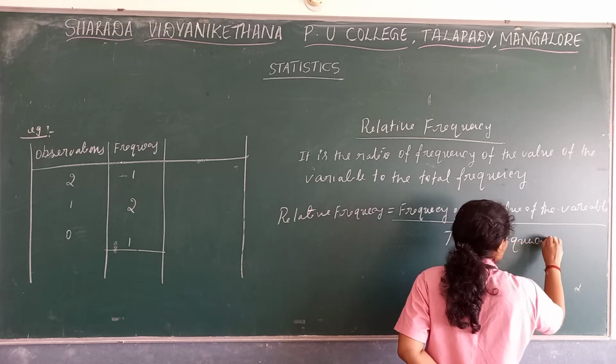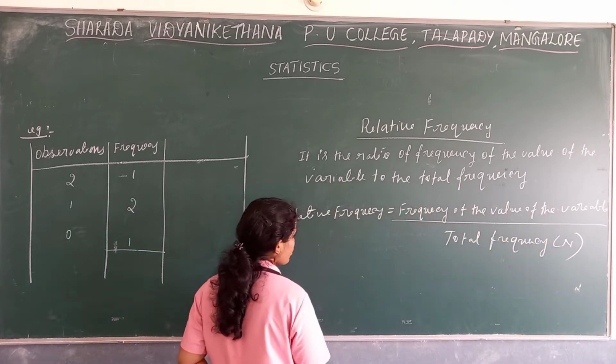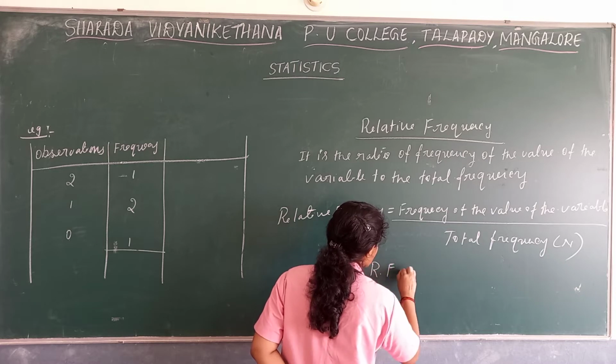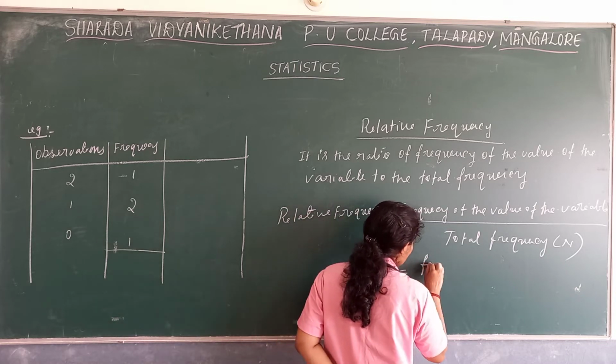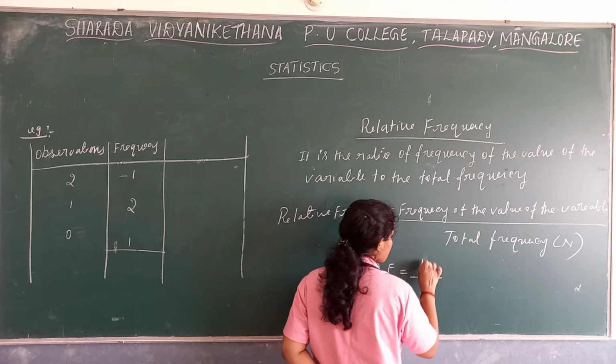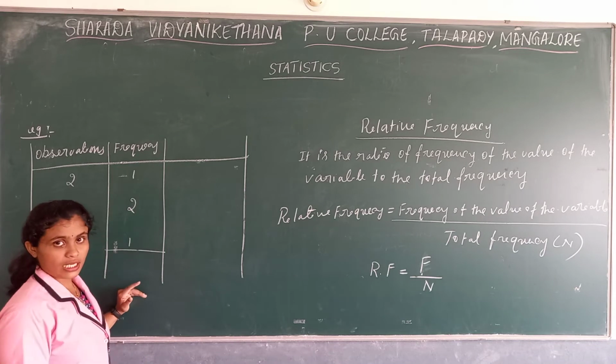What is total frequency? n. So we can symbolically present this as relative frequency is equal to the frequency divided by the total number of frequencies. We can write f by n.